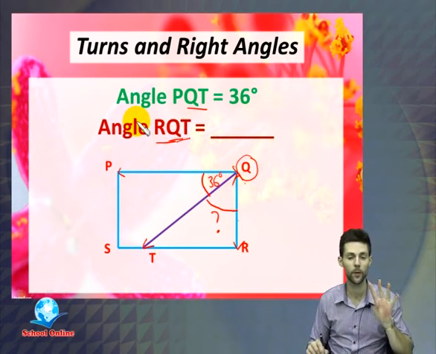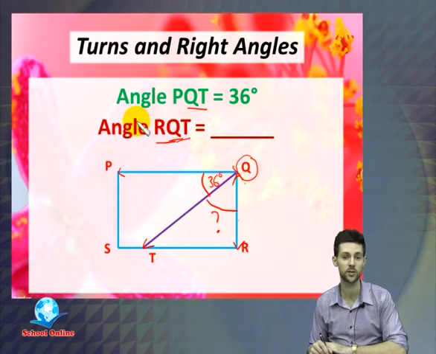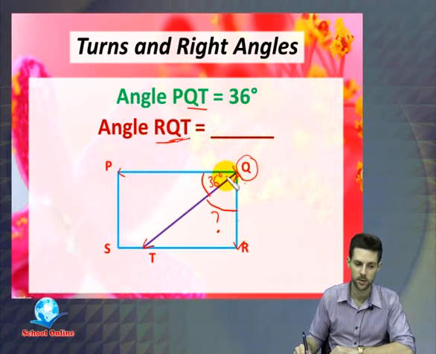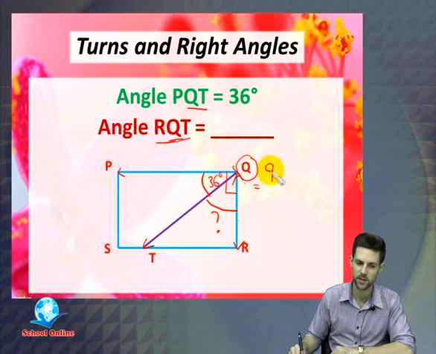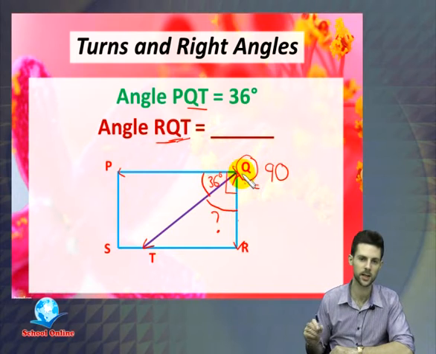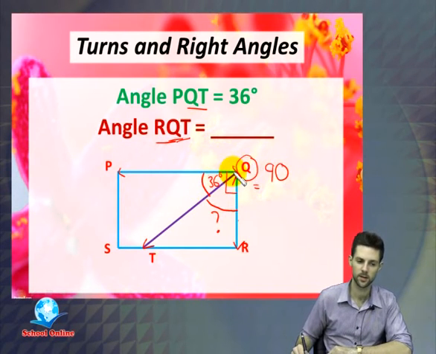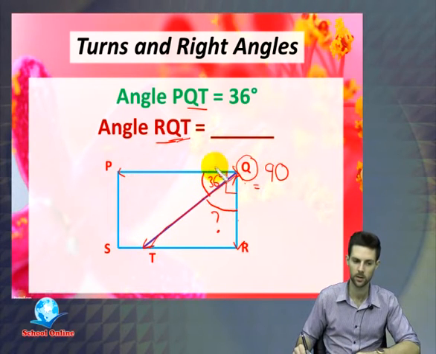Well, remember, there are 4 right angles in a rectangle. So this angle altogether equals 90 degrees. The right angle equals 90 degrees. The line QT has split that and formed one angle of 36 degrees.